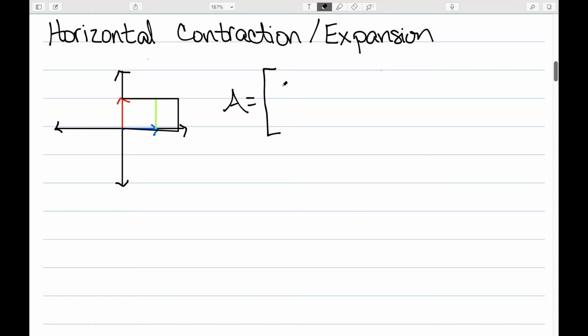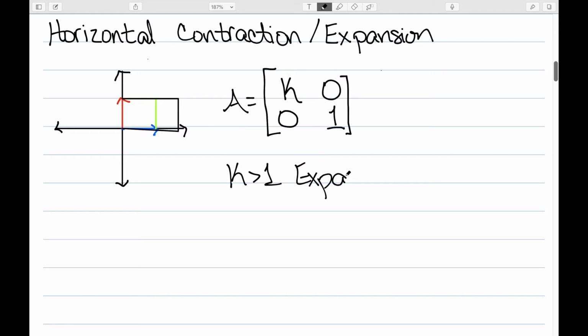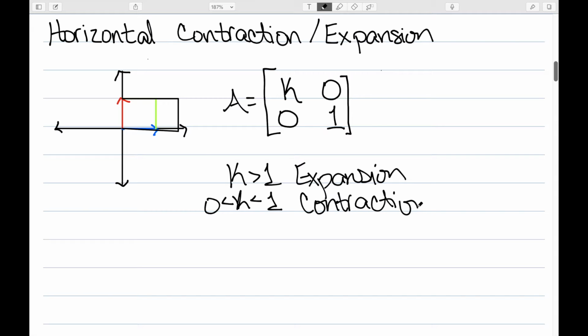So my x direction, I'm still going to go up 0, but I'm going to move over by a factor of k. And my y direction does not change at all. So it would still be 0, 1. And if k is bigger than 1, this would be an expansion. We're actually making our little box bigger. And if it's between 0 and 1, like 1/2 or 1/3, it would be a contraction. We're actually making it smaller.